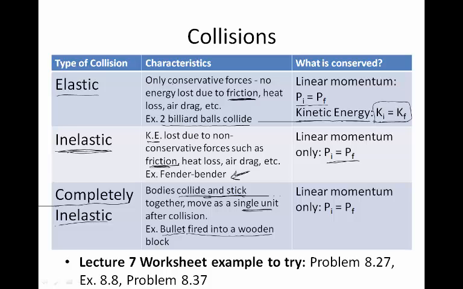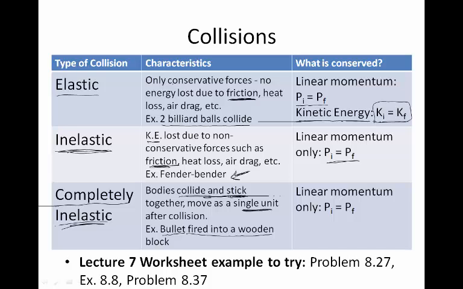Or a fender bender where the cars smash together and stick together, and then both cars slide to some new location after the collision. So that's the wording you're going to look for in a problem, where they stick together and move as a single unit, to know that it's a completely inelastic collision.